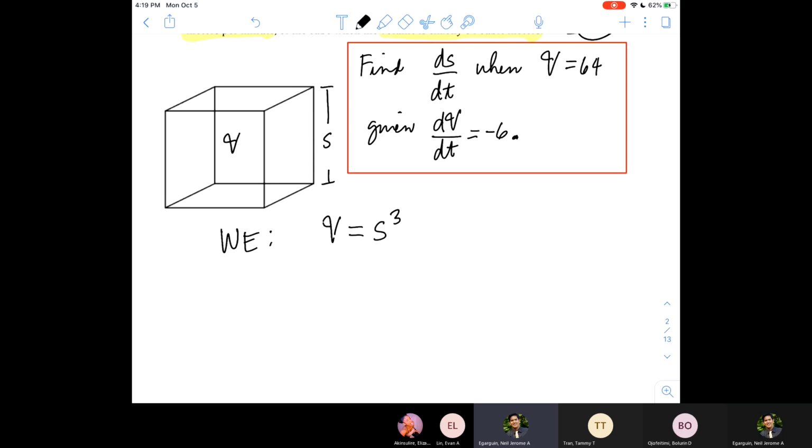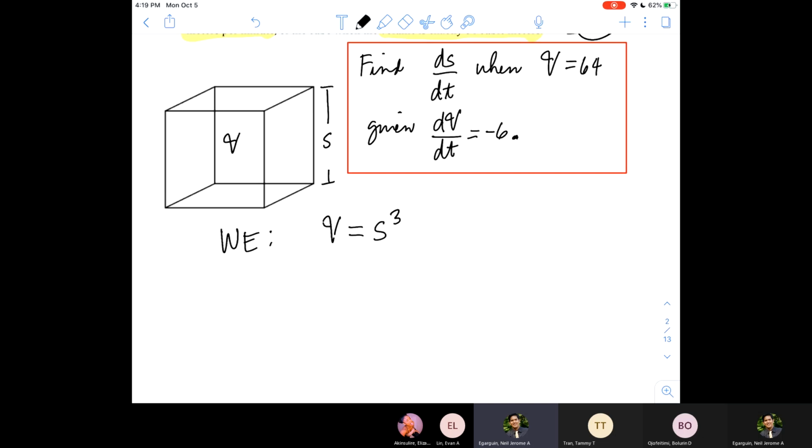A good way to check if we have the right form of the working equation is imagining implicitly differentiating this equation. If we do implicit differentiation, on the left-hand side we have dv over dt, which is fine because we know the value of dv over dt.